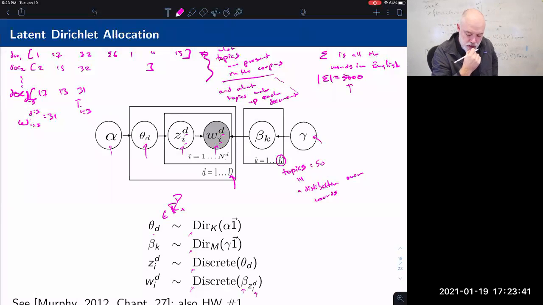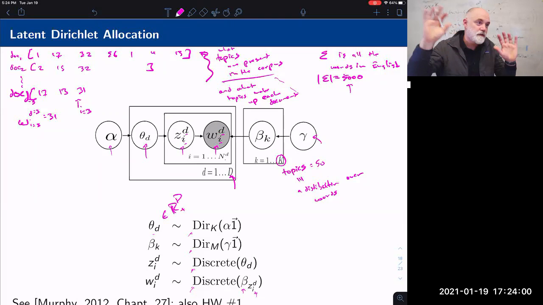A little more sophisticated than that, but whatever. It says the distribution, again, over topics per document, okay? So again, there'll be a 50-dimensional vector per document that tells you how probable it is that every single topic, whatever those topics are, is in the document.